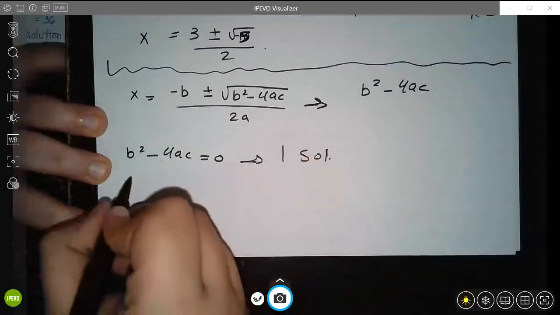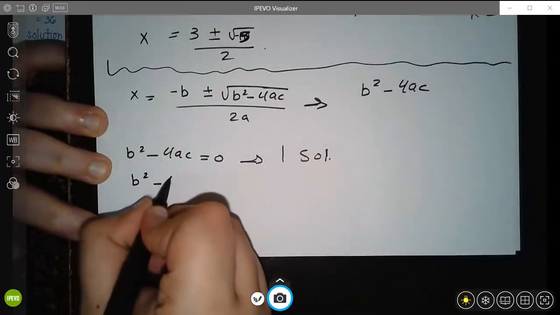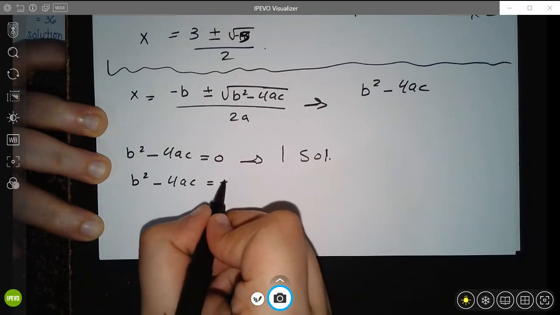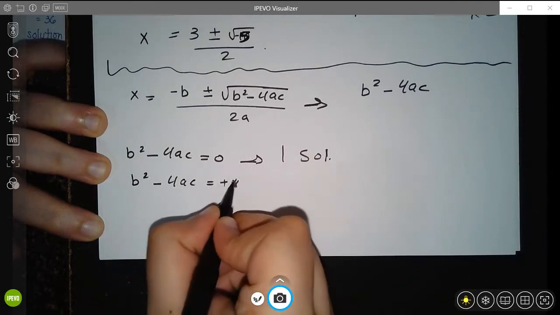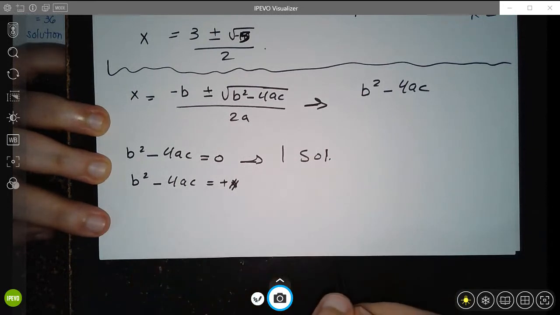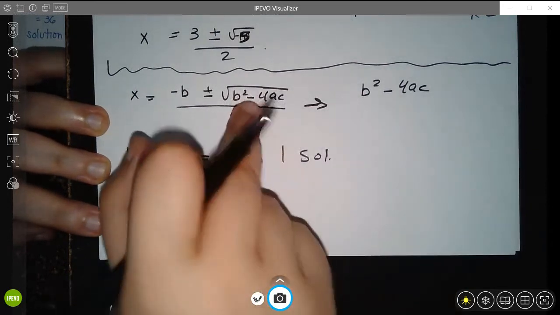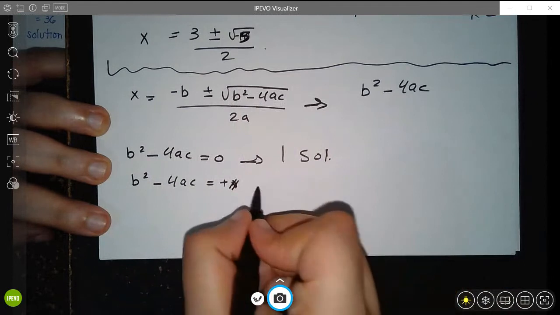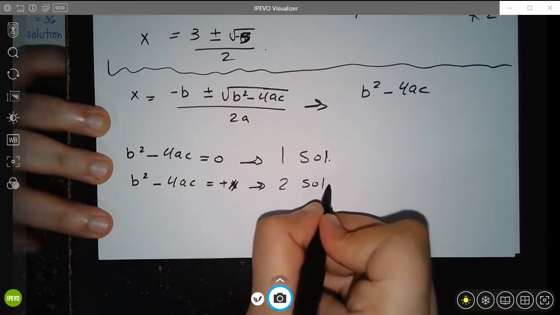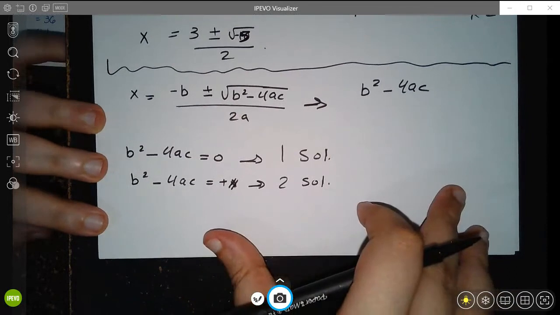Now, if the b squared minus 4ac equals a positive number, right? So if I gave you something positive, that means that the value underneath the root is positive. In that case, you will have 2 solutions. All right, 2 real solutions.